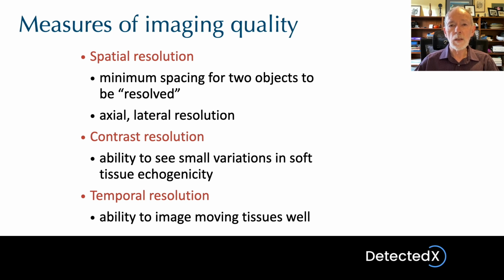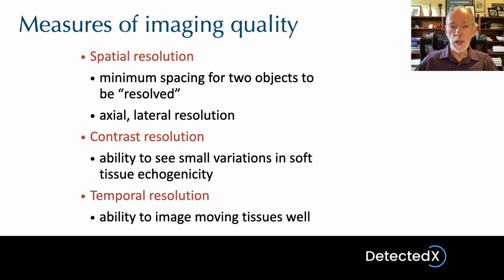In ultrasound, we traditionally talk about 2 different aspects of spatial resolution: axial, which means resolution in depth, and lateral. The reason for this is that they are determined by different parameters of the machine, and therefore they can be optimized separately. Also, we want to know their relative magnitude.